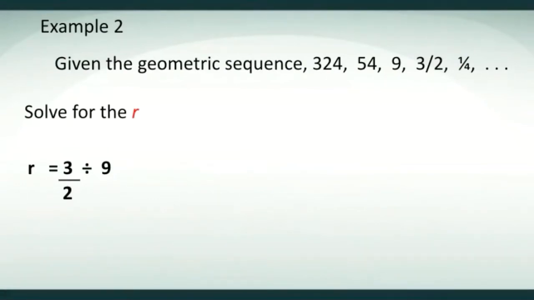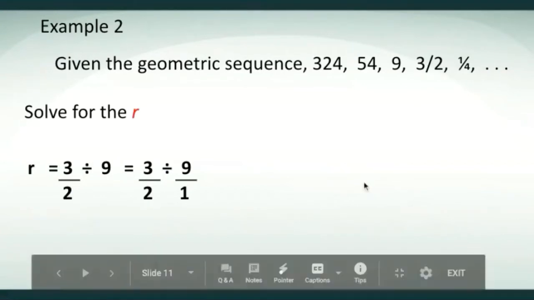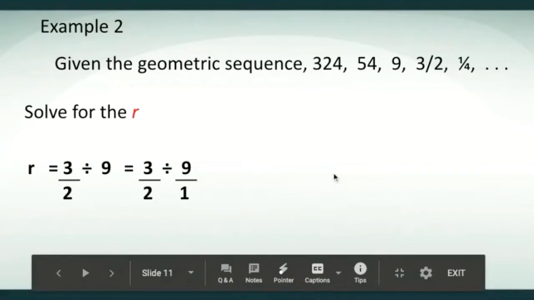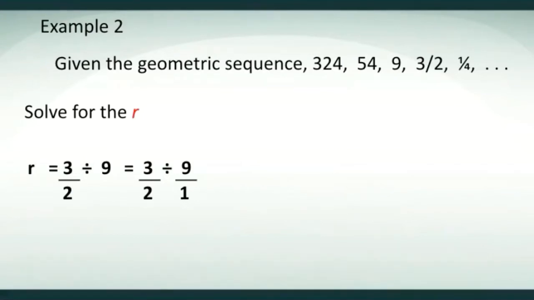Since that is too long, we will just use the simplest way, which is to use the invisible one, or the imaginary one of the whole number, which is 9/1. What's next? Both are already fractions. What's next? Reciprocal. Which number are we going to reciprocate? The second number, which is 9/1.